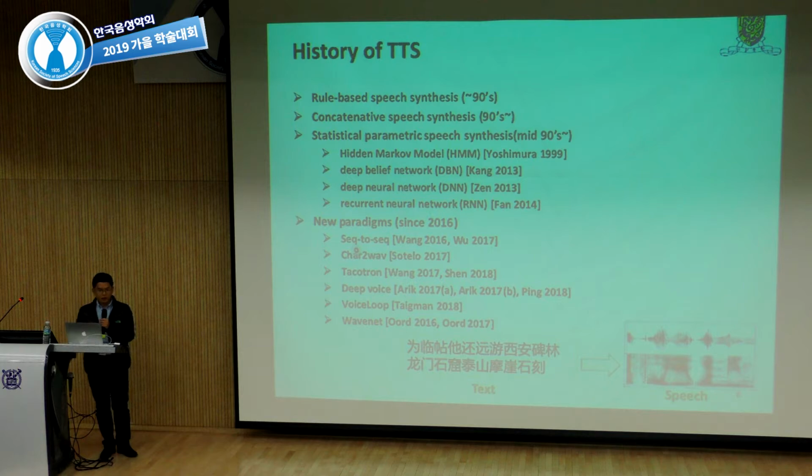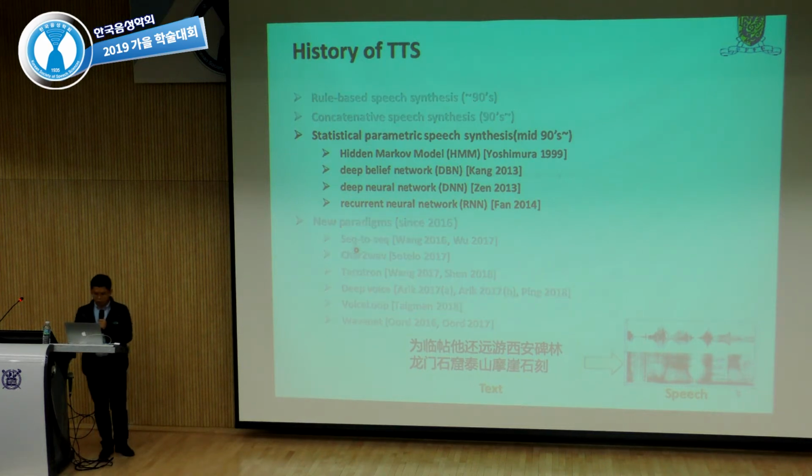But if a segment is absent from the corpus, then the synthesis performance will be affected very seriously. So later, researchers turned to use statistical models to offer a more flexible method to generate the speech. This is what we will focus on more today.